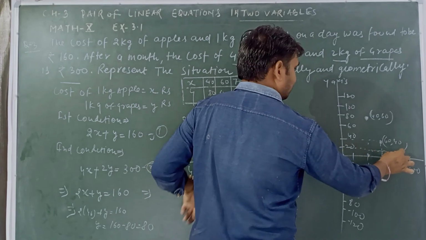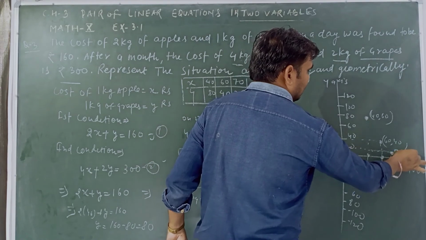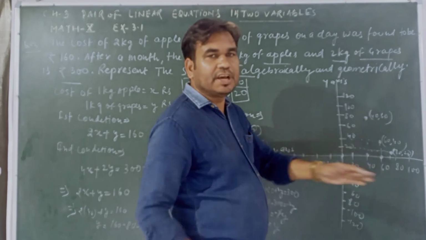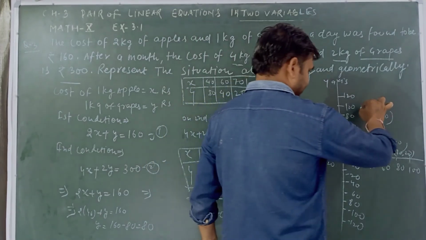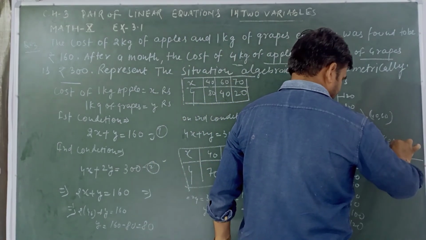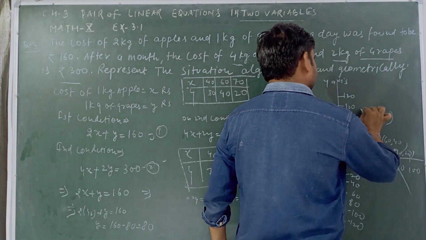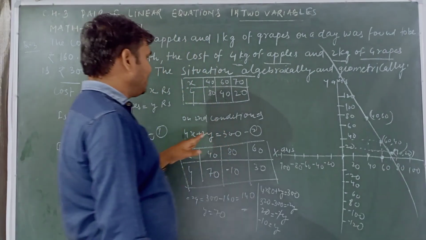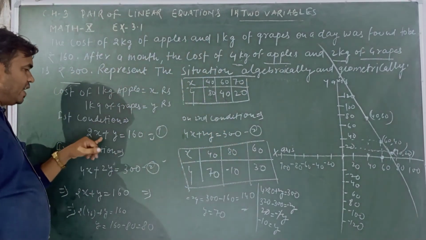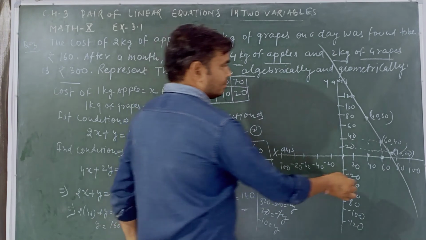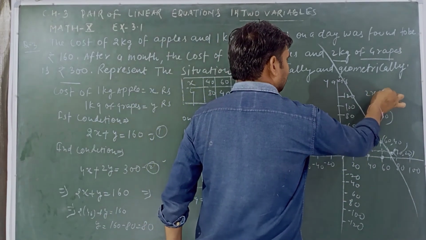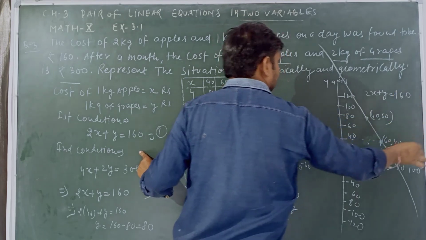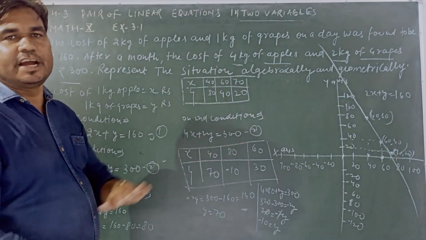So we have to join these 3 points with a line. So this is the first line for 2x plus y equal to 160.